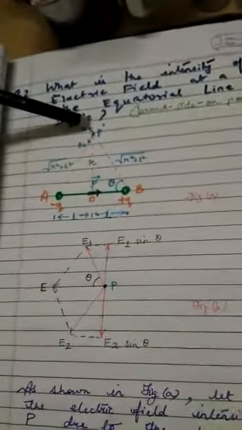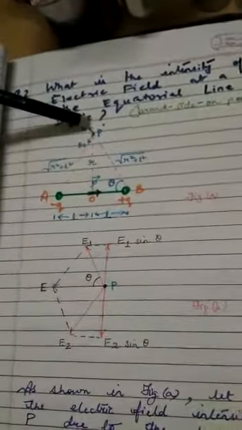Now the question may arise in your mind that generally we take this line as cos theta, and the perpendicular line as sin theta. But here you see our theta is not here. If it was here, then this would have been cos theta. But since theta is here, this is 90 minus theta. Hence, this side is sin theta. This side will be your E1 cos theta. That's the small explanation in case you have not understood.